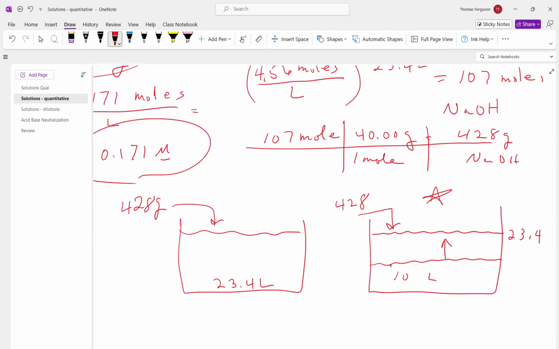So all new hires, faculty members and lab techs both, have to mix up solutions. They also have to do what you're going to be doing on Wednesday, Thursday of this week, a titration. Okay, so does this make sense? How we mix it first and then bring up the final volume to where it's supposed to be?